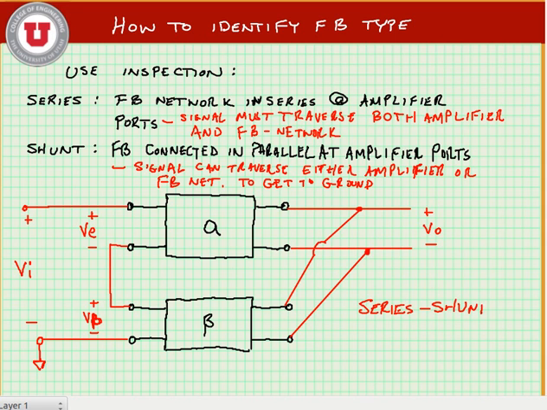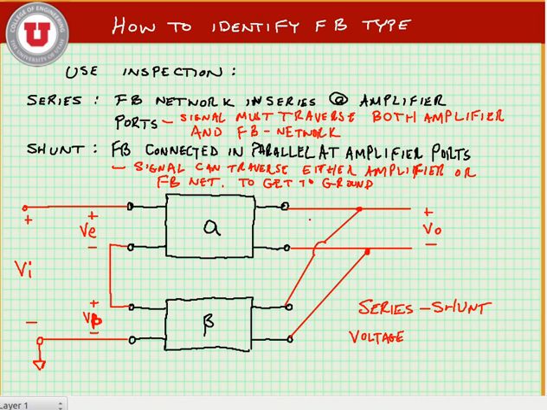feedback amplifier. Now, knowing what we know about series connections and shunt connections, the series connection should increase the impedance at the input, which would mean that we would like to take a voltage input with this series shunt connection.